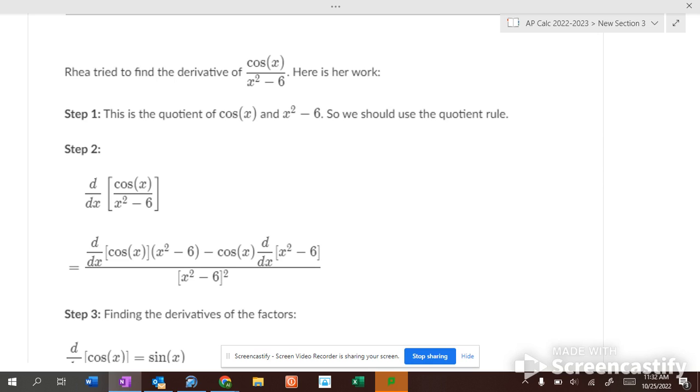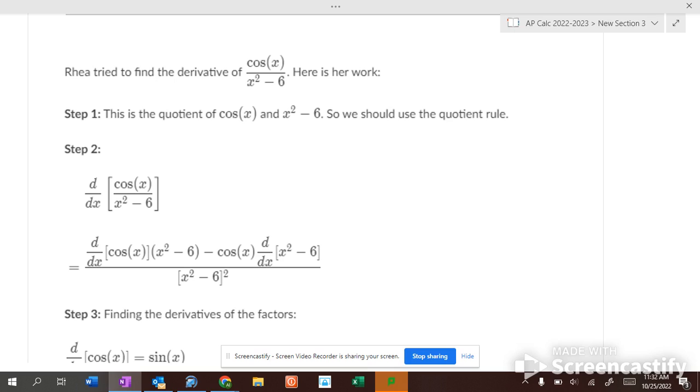Step 2. Did she write? What'd she do wrong? She didn't even differentiate it. Isn't that her differentiating it? Oh, she had that. She's just writing it out.